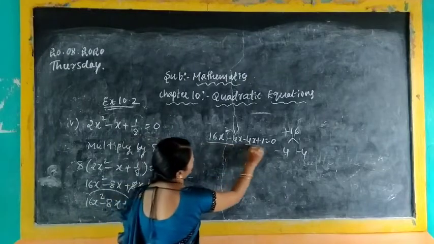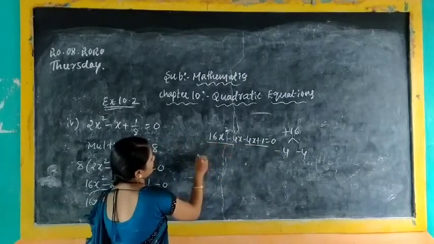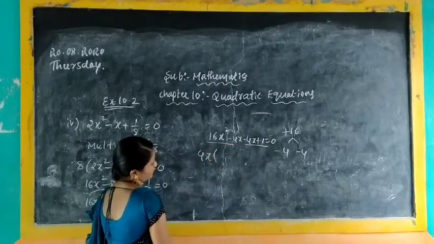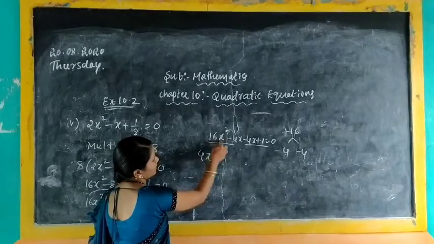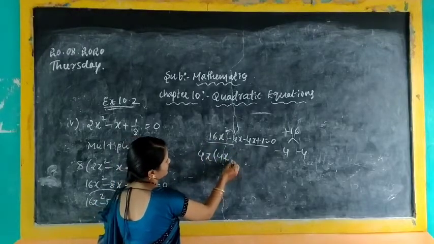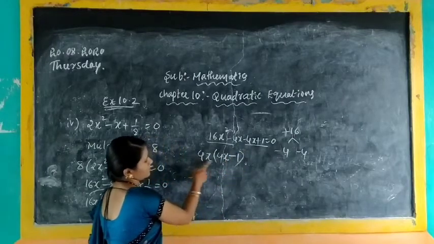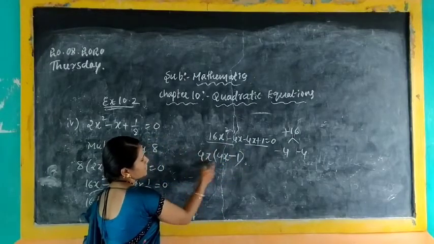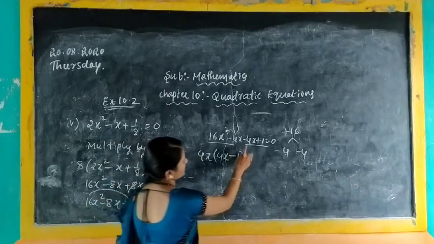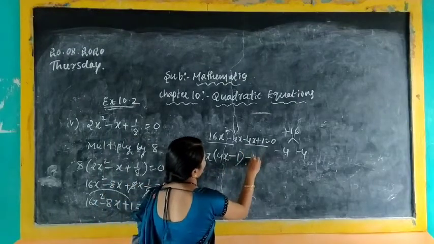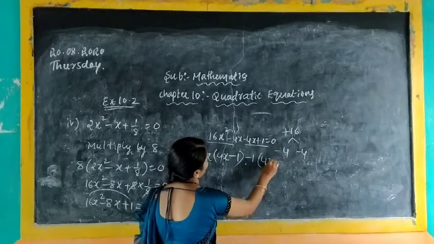Next step, okay, common. In this common it will be 4x, remaining 4 for the 16, remaining will be x, and what is there in this 4x already outside is there. You have to write minus 1. Why? Because minus is the sign. 4x into 1 is 4x. Remaining here minus 1 I will take. Why? Because minus 4x.